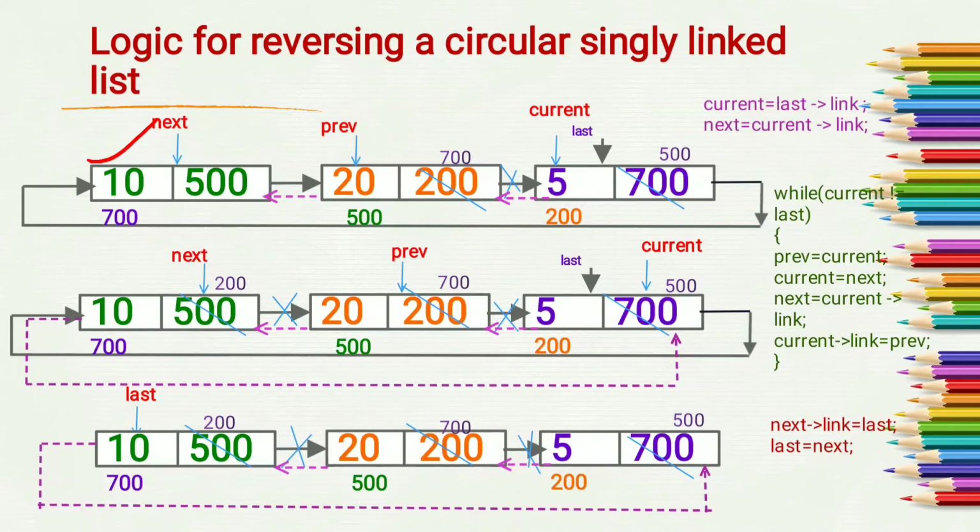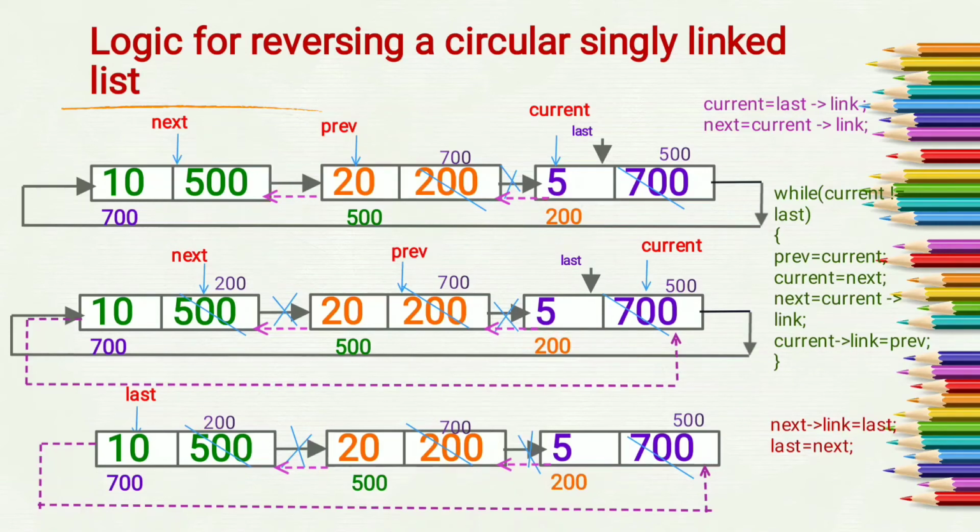So we have to store the address of the first node into the link part of this node by writing next arrow link equals to last. Now this node's link part contains address 200, which is the address of this node, which is the first node of the circular linked list after reversing.